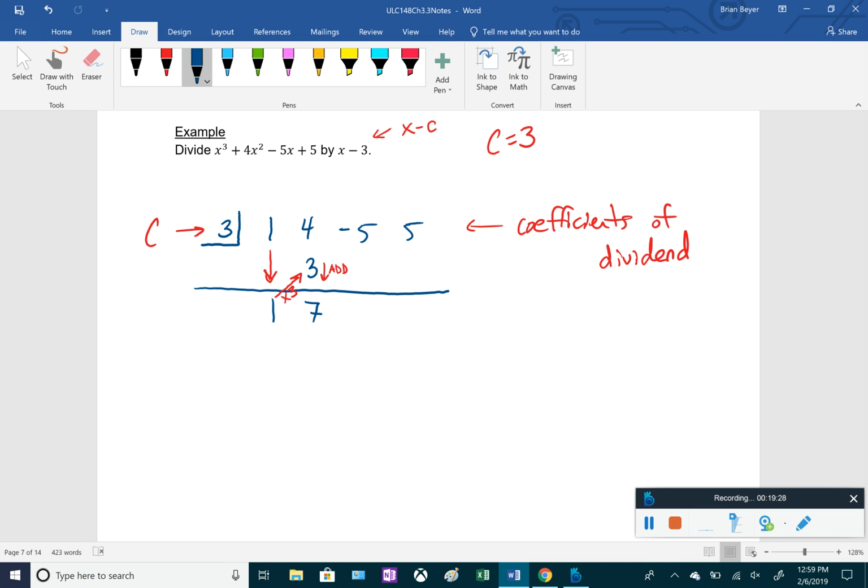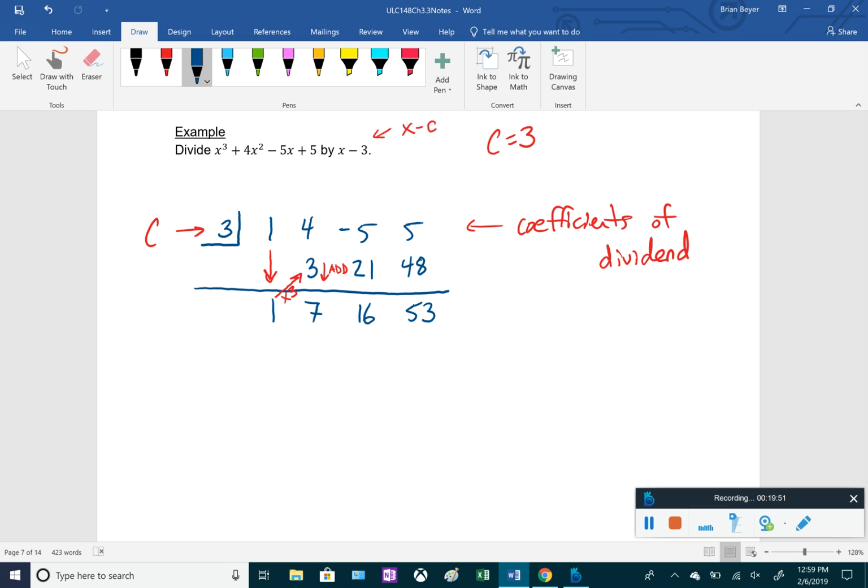And then we repeat that. So now we do c times 7. So 3 times 7 is 21. We put this right here. We add down. Negative 5 plus 21 is 16. And then again, 3 times 16 is 48. And we add down and get 53.